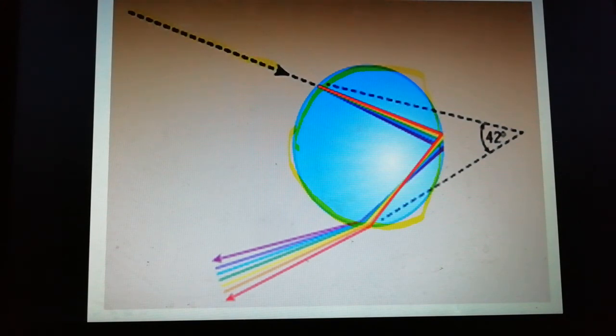The incident light is refracted in the water droplet into 7 different colors at different angles. The 7 different wavelengths, different colors, are refracted when white light passes through a droplet of water. So a number of droplets produce a number of refractions, and we see a rainbow. Okay students, thank you students.